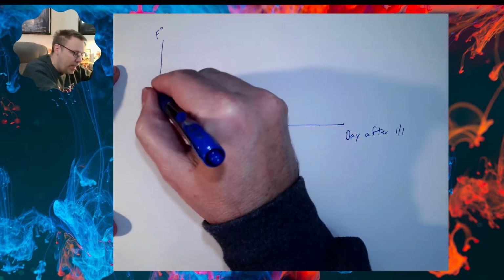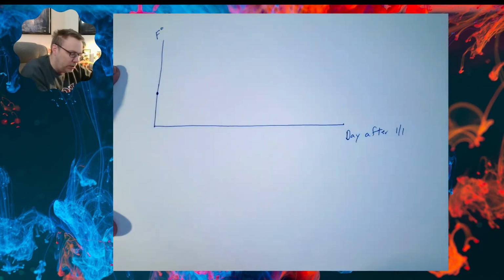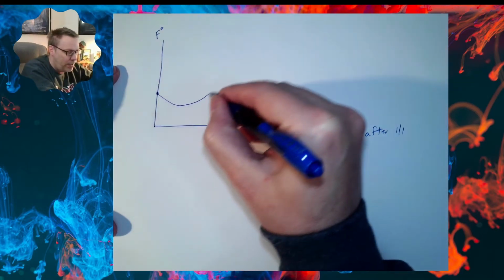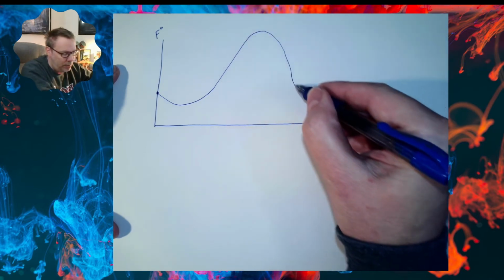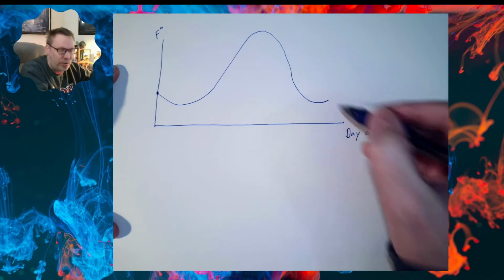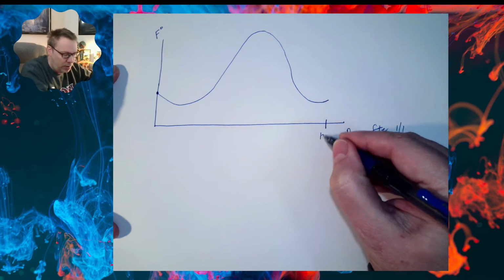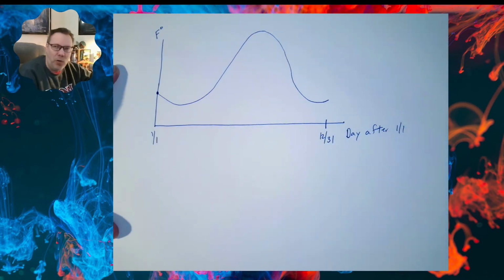Well, I know that it's fairly cold at the beginning of the year, and it might get a little bit colder, but then eventually in the summertime it goes back up, and then it comes back down to December 31st. So I'm going to call this 12/31 and this 1/1.